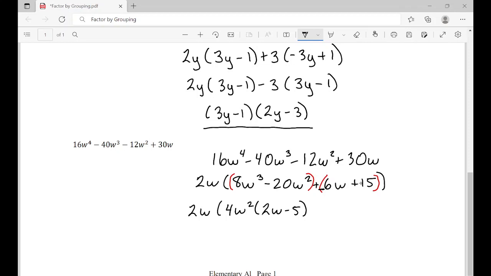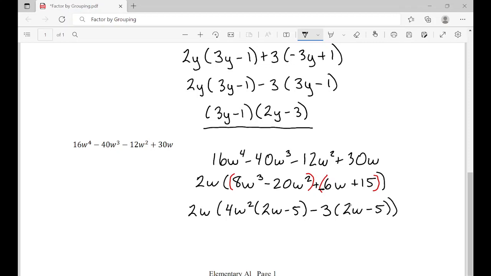And then I look at the GCF here, and since I have a negative here, and this term here is positive, I'm probably going to factor out a negative number. So between 6 and 15 is 3, so I'm going to say negative 3. And w's are only common to 1, so I don't have to worry about it. So 2w minus 5.